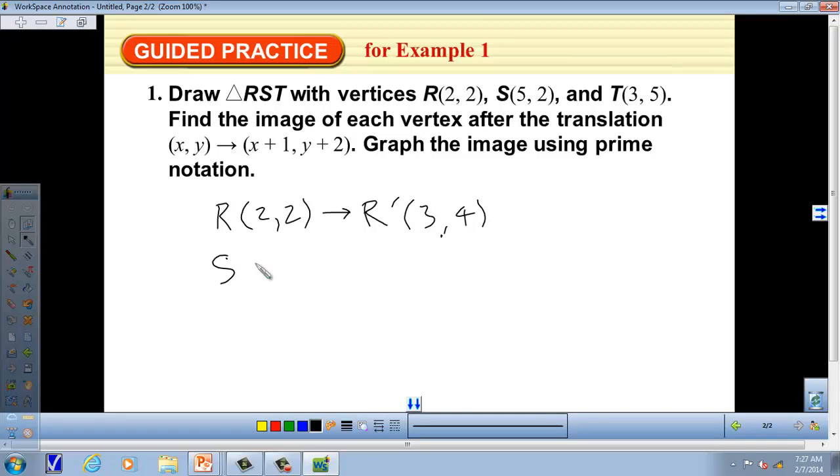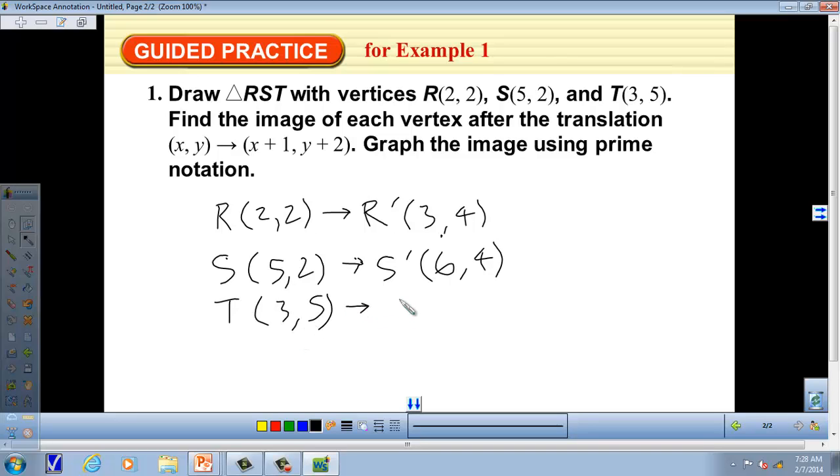S is 5, 2, so S prime becomes 5 plus 1 is 6, 2 plus 2 is 4, and T, which is at 3, 5, becomes T prime. 3 plus 1 is 4, and 5 plus 2 is 7.